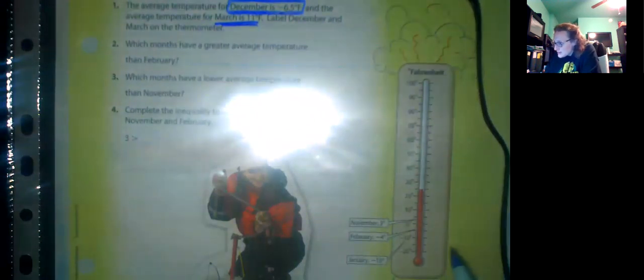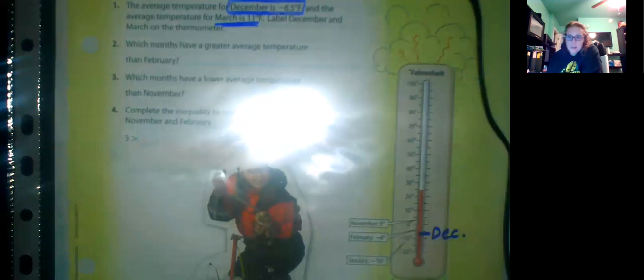Okay, so let's come over to the thermometer. So December was at negative 6.5. So if you look, here's 0 and here's negative 10. So in between 0 and 10 is negative 5.